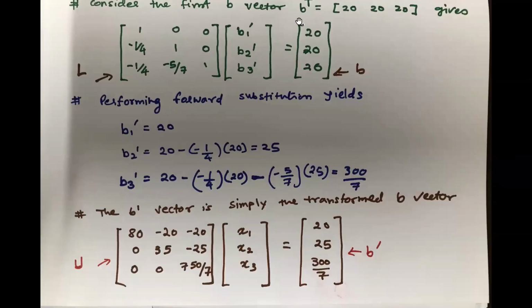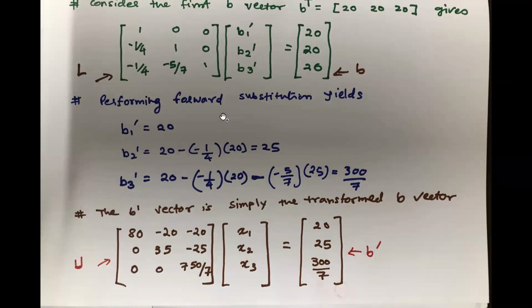This 20, 20, 20 is your B, the non-homogeneous term on the right hand side. So this is the B matrix. Now B dash we have defined. You can remember the formula now simply, but how that formula has come, you should know. So L B dash is equal to B gives you this kind of thing, written here.